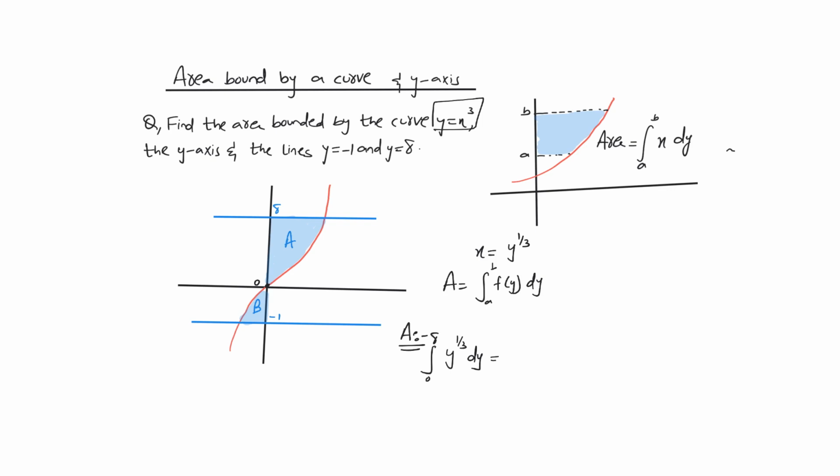So the integration of y raised to the power 1 over 3 would be y raised to the power of 1 over 3 plus 1, so y raised to the power of 4 over 3 over 4 over 3, and the limits would be 0 to 8. After plugging in the limits, you get 12 units square.